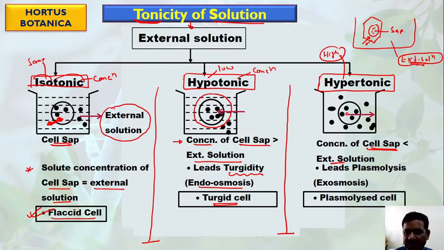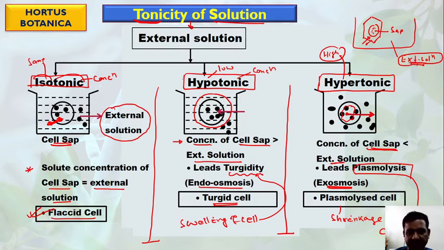The water will come outside, exit, and this process is called exosmosis, and the cell will shrink down. This shrinkage of the cell is called plasmolysis, and the swelling of the cell is called turgidity.